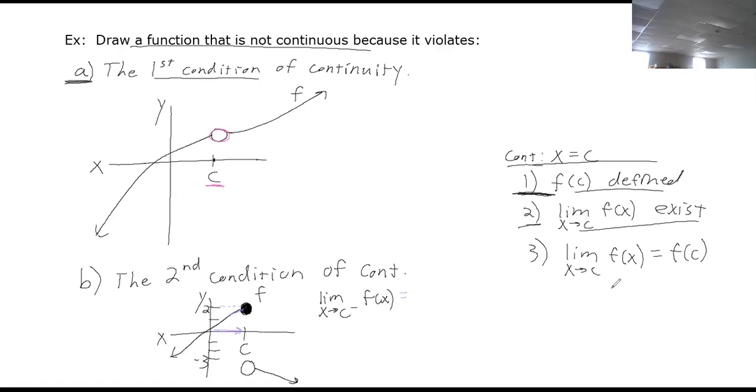I'm going to make a guess that this is 2, somewhere around 2. Now let's look at the limit as x approaches c from the right of my function f of x. If I approach c from the right, what is the output of my function approaching? It's approaching -3, it looks like.